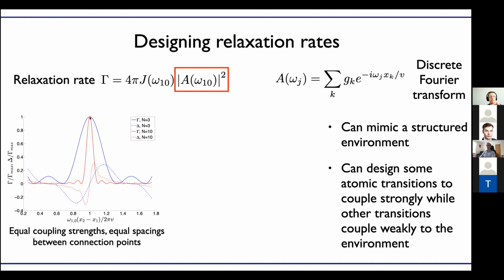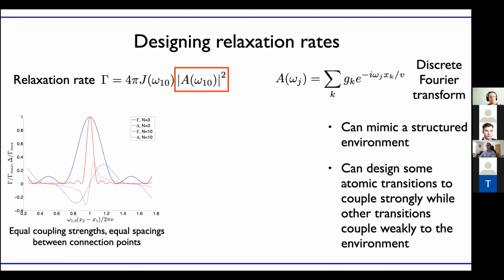That's when you have the maximum relaxation rate. And then you see it's basically a sinc function that you get here for the variation of the relaxation rate. And then in the dashed lines, I'm showing the Lamb shift, so the renormalization of the atom frequency due to the interaction with the transmission line, which also acquires a frequency dependence.